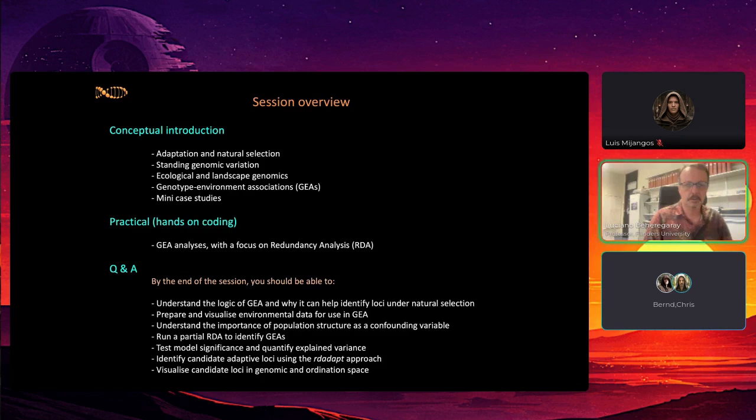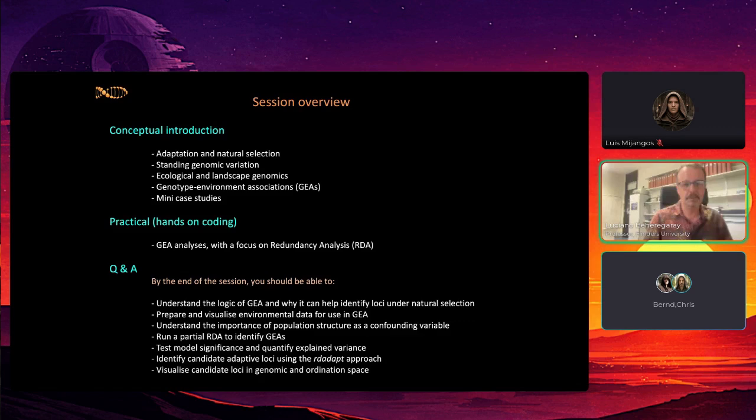I'll then move into a brief description of what landscape genomics is, which is like a branch of the field of ecological genomics. We'll talk briefly about genotype environmental associations, and then I will finish with description of some case studies from the lab that illustrate our approaches to understand adaptive diversity in wild populations.